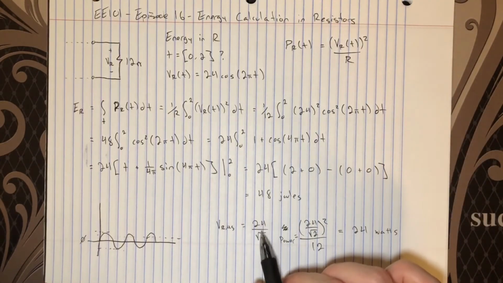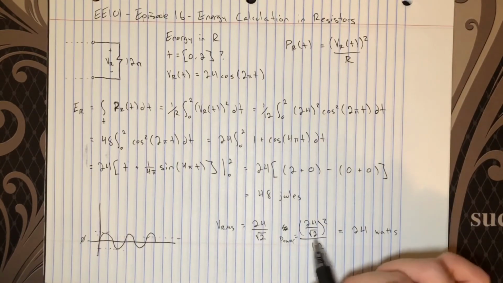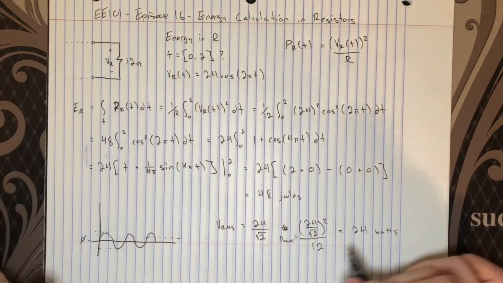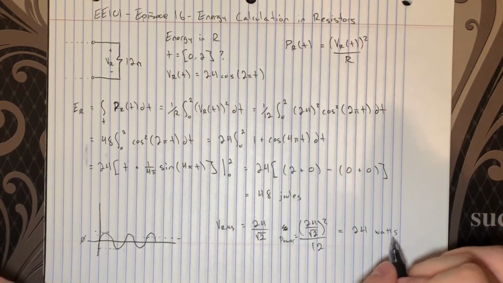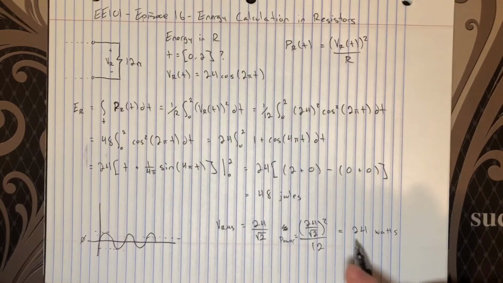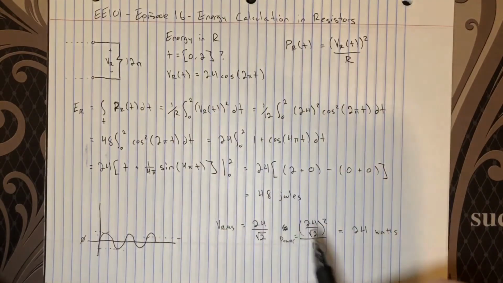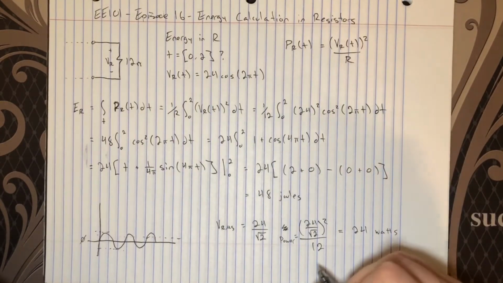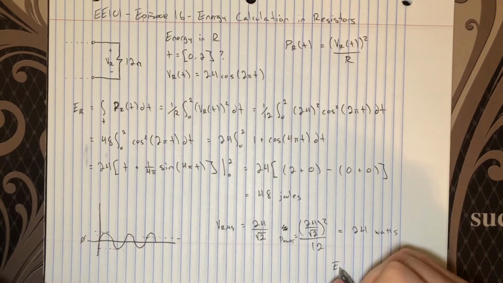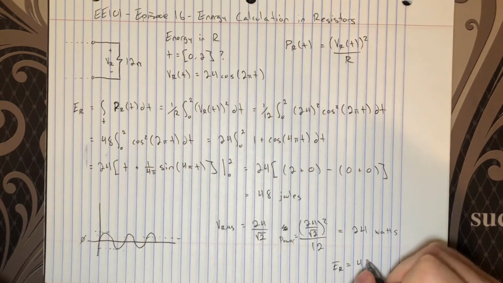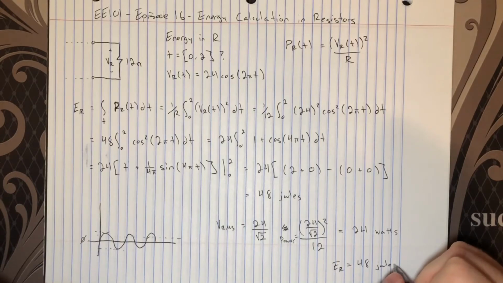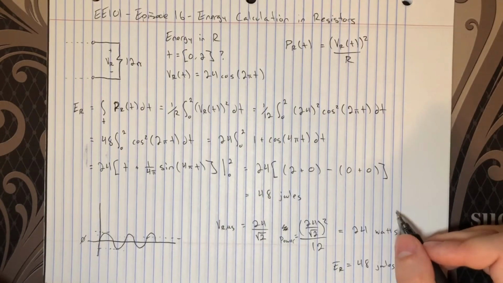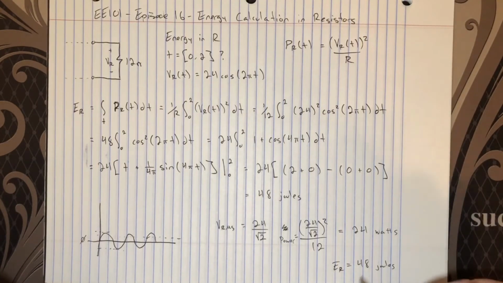So VRMS gives you this, and then power is VRMS squared divided by the resistance, 12. That gives you 24 watts. And guess what? What happens if you deliver 24 watts over 2 seconds? You get an energy in the resistor of 48 joules. That's 24 watts times 2 seconds, 48 joules.